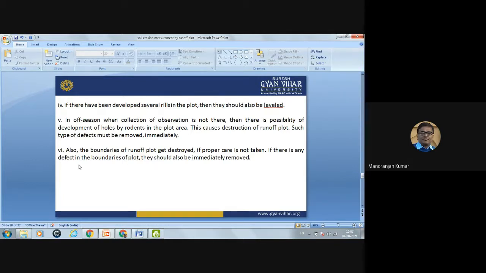In off season, when collection of observation is not there, there is possibility of development of holes by rodents in the plot area. So this causes destruction of the runoff plot. Such type of defect must be removed immediately.